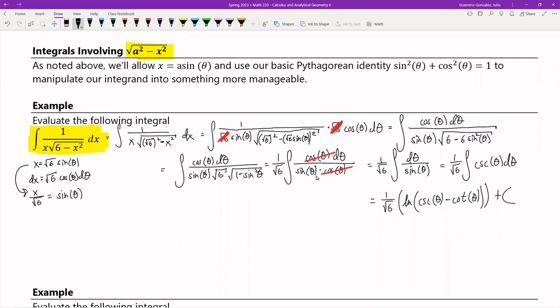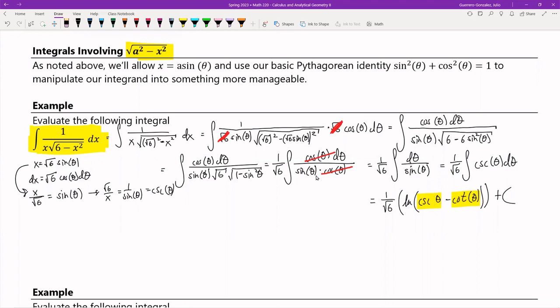We are going to use this to get an expression for cosecant and cotangent. Cosecant is 1 over sine, so we have √6 over x is equal to 1 over sine of theta, and this is our cosecant of theta. So we have our expression for cosecant.